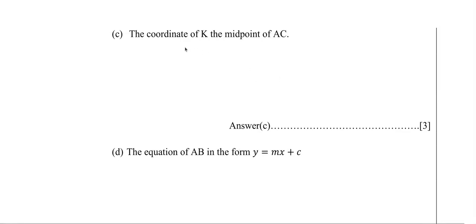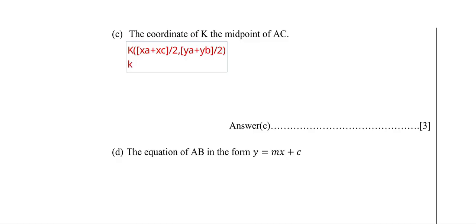So the coordinates of K are (x at A plus x at C over 2, comma, y at A plus y at C over 2).